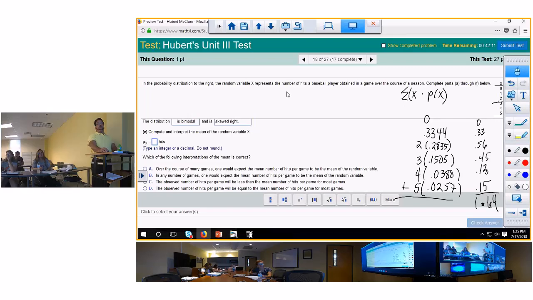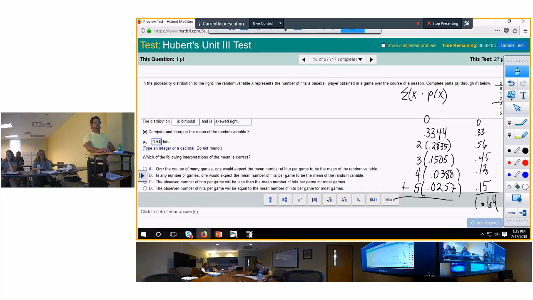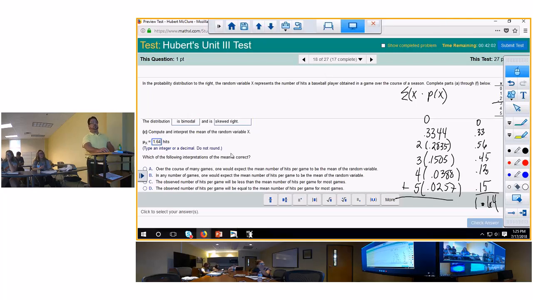So 1.64 means that he averages about 2 hits. We can do 4 decimals since the other numbers have 4 decimals. 1.6366.